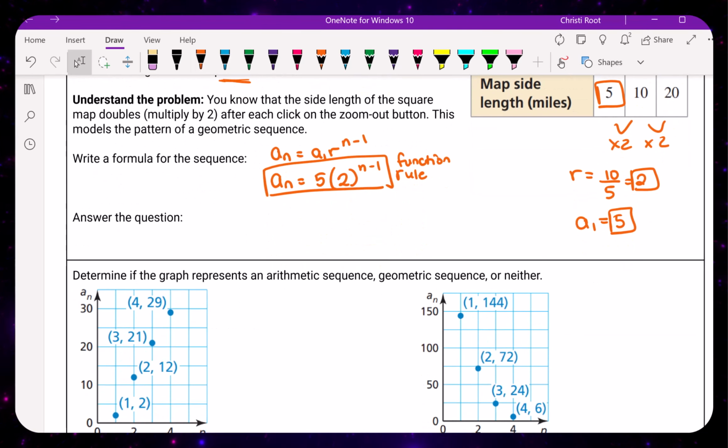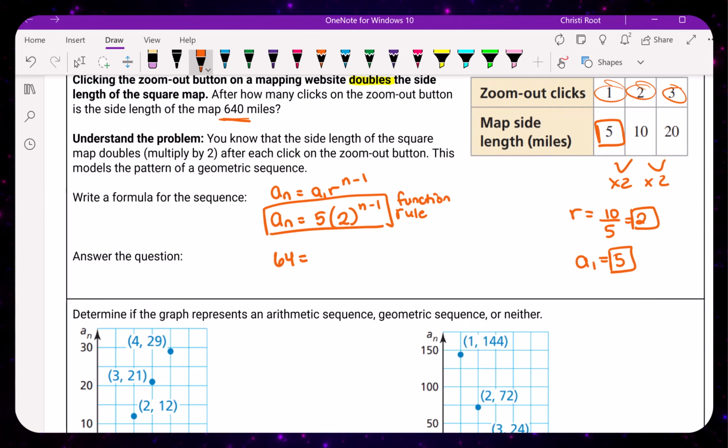So what is that number, the n value? If we're trying to find the output, it's going to be equal to 640 miles. We're not trying to find the 640th term. It's going to be what term is equal to 640.